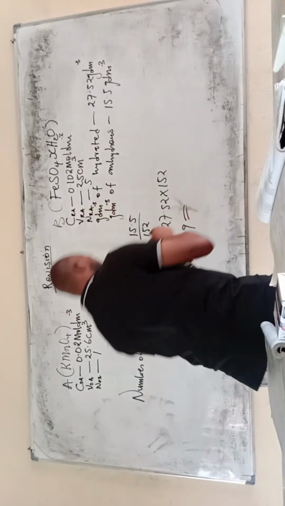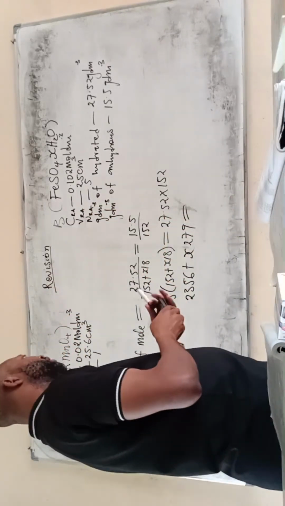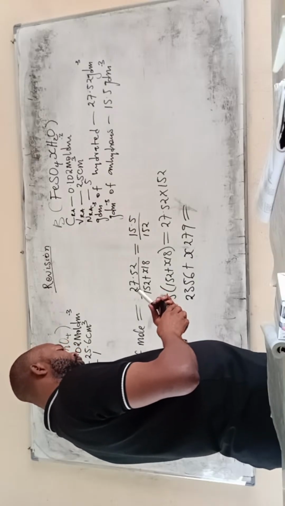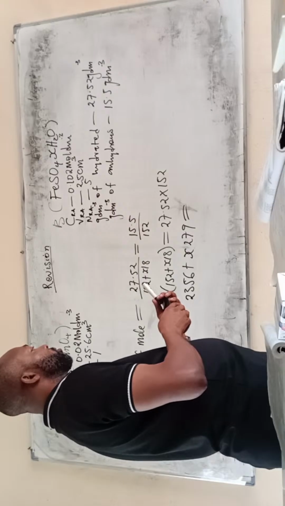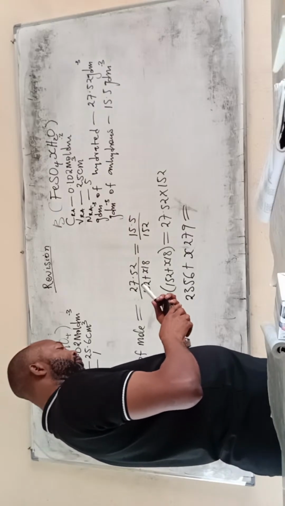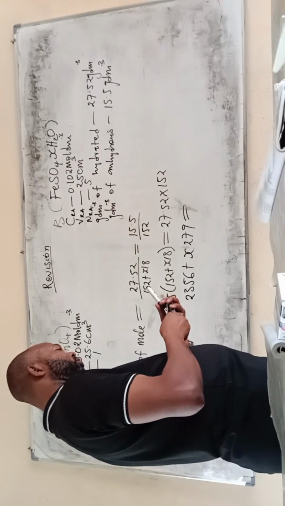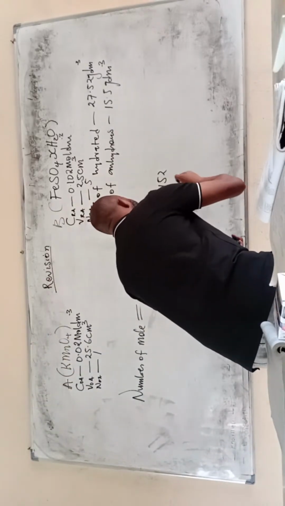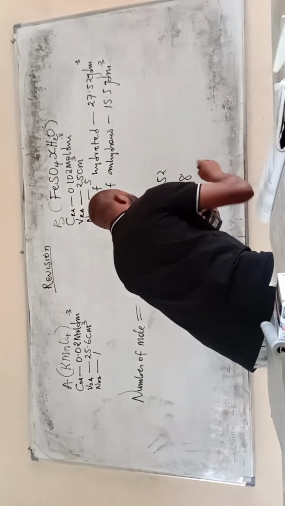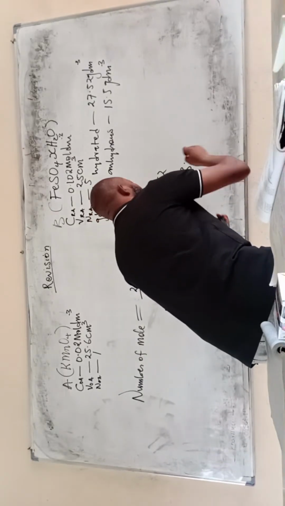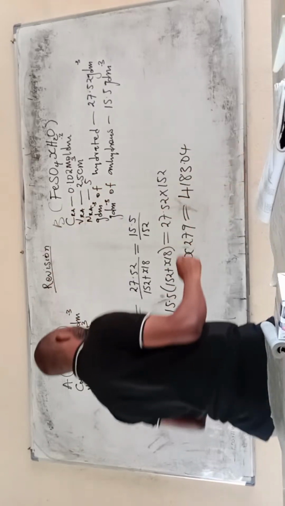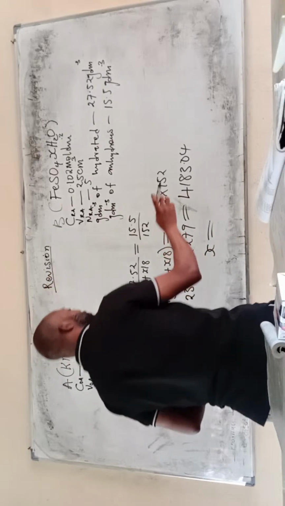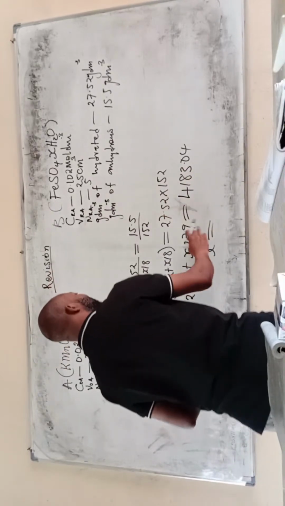This is equal to 27.52 times 152, which is equal to 4183.04.